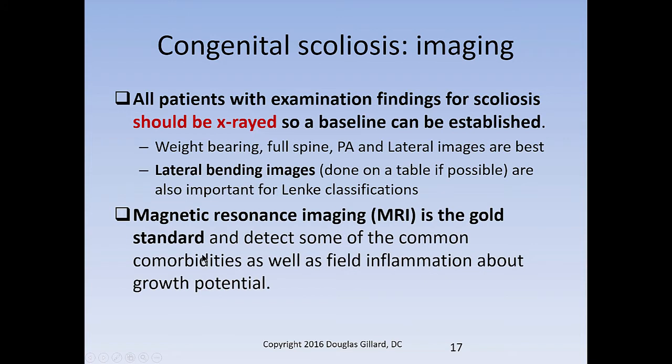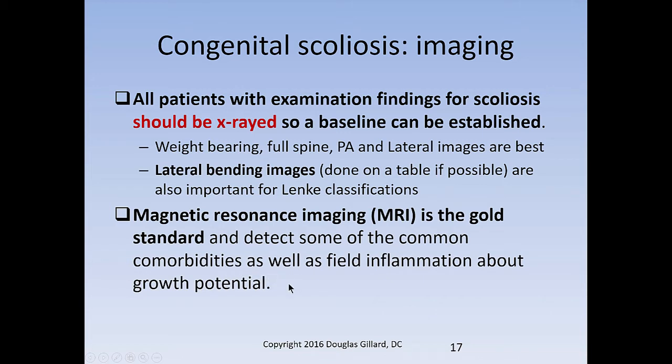MRI is the gold standard, and not only can it differentiate semi-segmented from fully segmented, it can really hone in on the diagnosis much better than radiographs. But it might show some cord abnormalities. Maybe there's a syrinx that pops up.